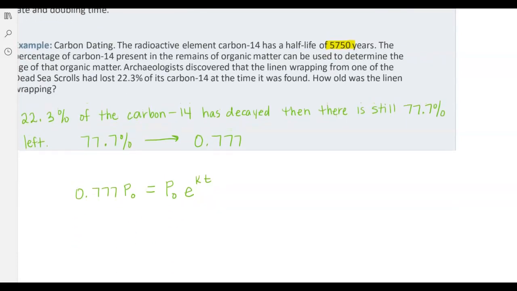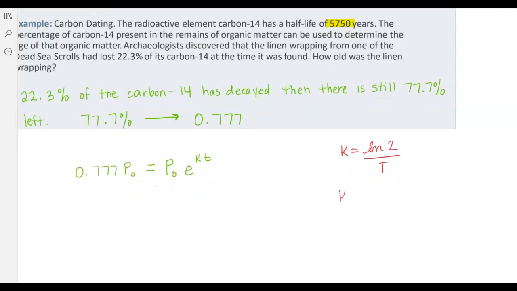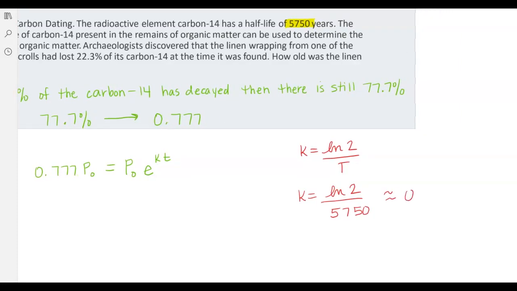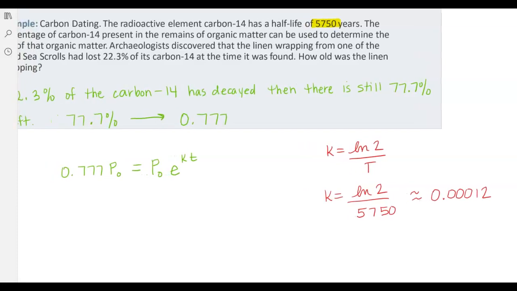So can't I say, since I don't know what the rate of decay is, K is equal to the natural log of 2 over, in this case, the time of the half-life. K is equal to natural log of 2 over 5,750 years. And plugging that into a calculator, we get 0.00012. That's a really small number. But now I know that I can plug that in here for K.